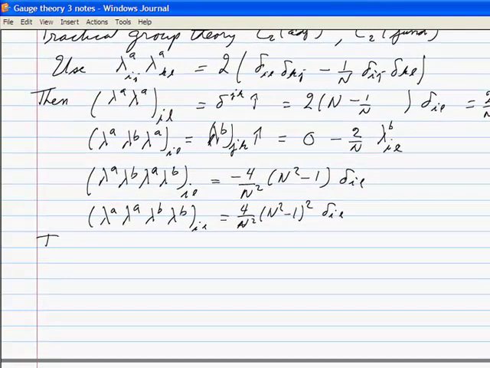Then to get C2 for the adjoint, here's how you can do the calculation.